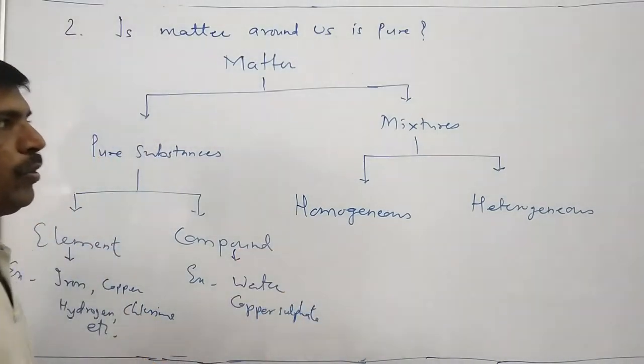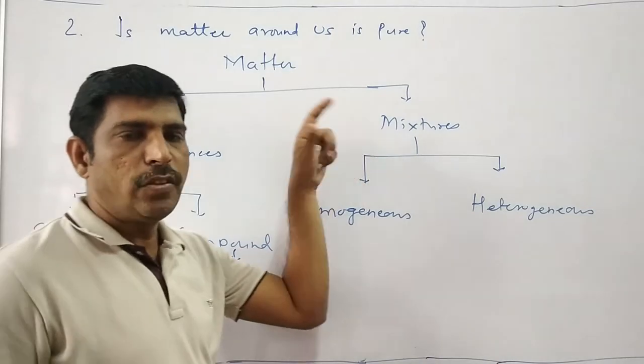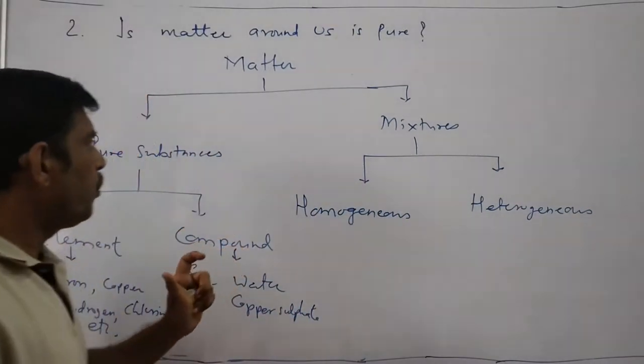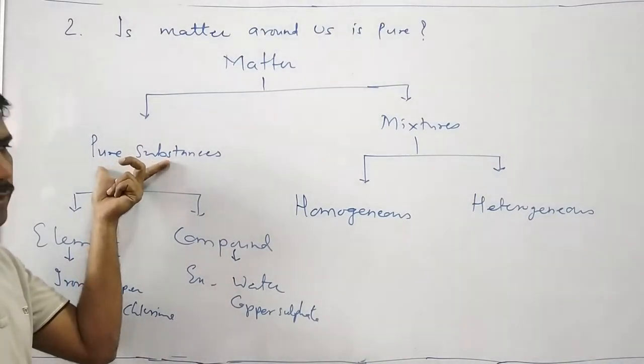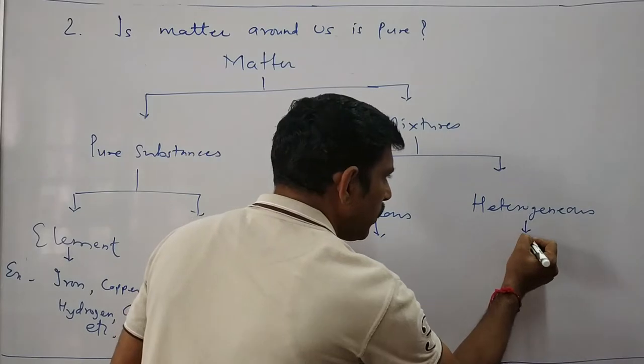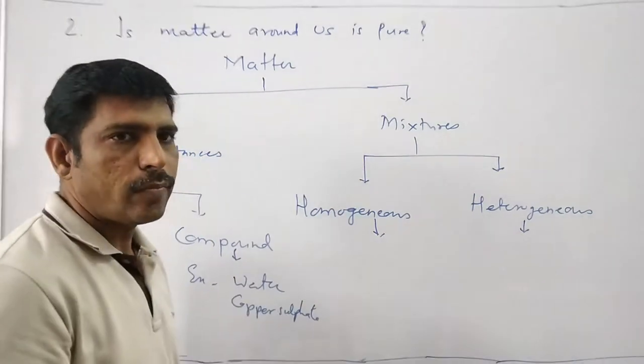Okay. So now we will move toward the mixture. Mixtures are formed by the combination of two or more than two types of pure substances. Here again, the two types: homogeneous and heterogeneous. Homo means same.